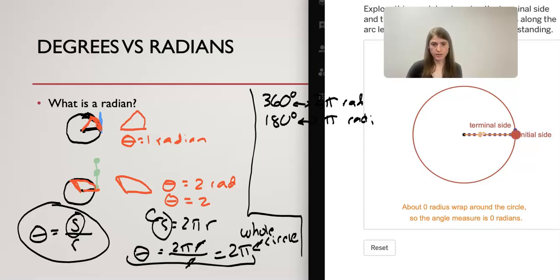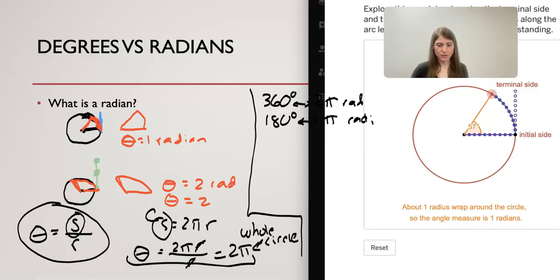So on this illustration, I'm going to move this point around the circle, and it's going to show you the radius wraps and keep track of the decimal version down here. So what I'm going to do is move this red dot until we're about 1 radius wrap. So I'm going to try to get it right there. There's 1 radius wrap.